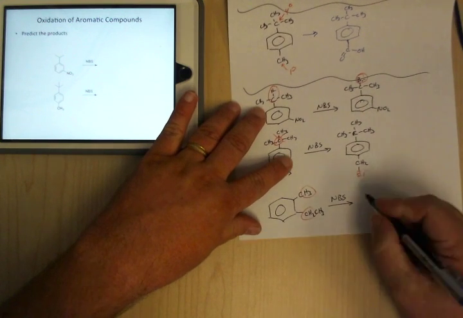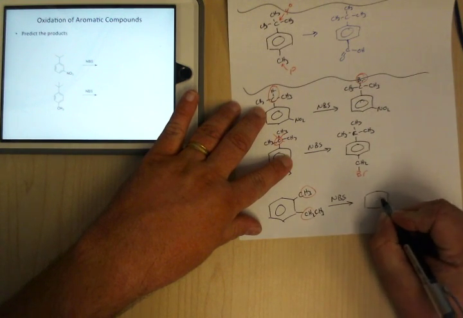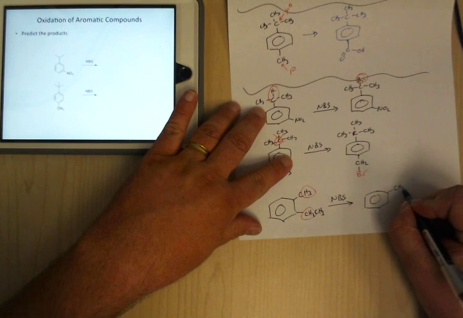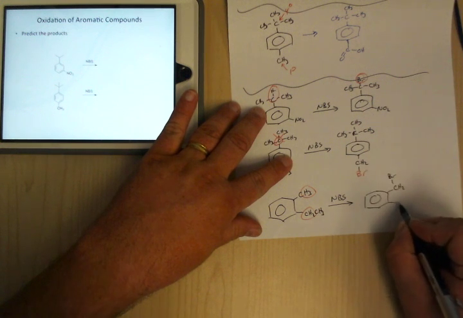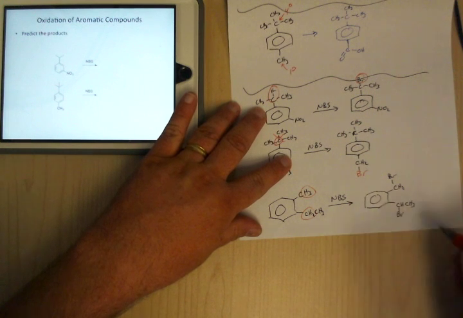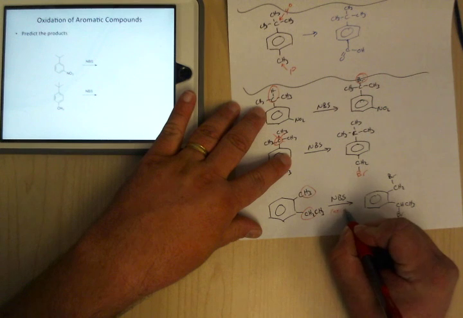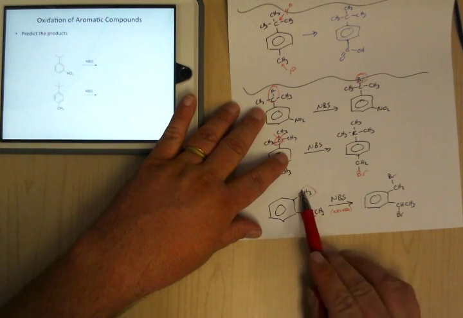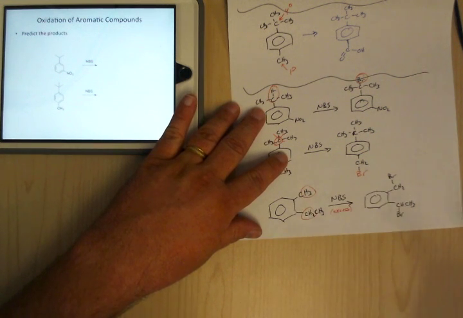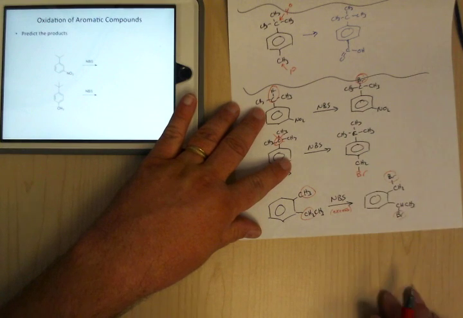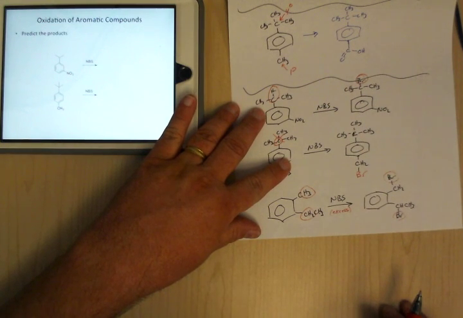So we're going to get one added to both. So CH2Br, CH3Br. We're going to have it added to both, assuming we have an excess of this. You're going to add one here and one there.